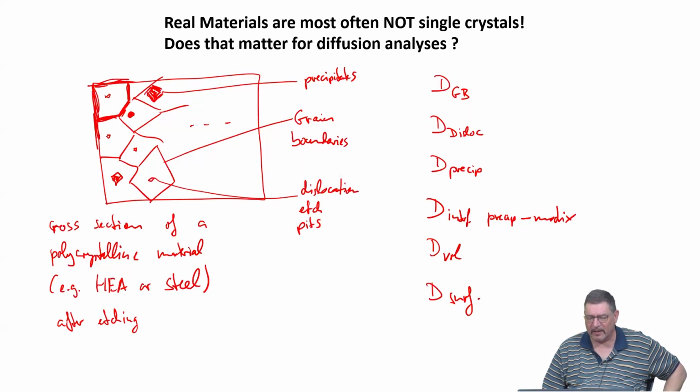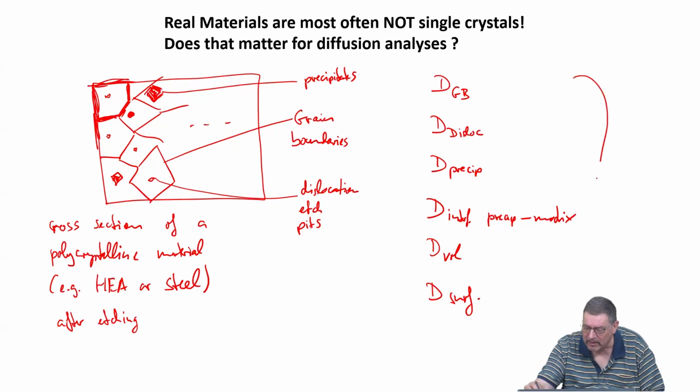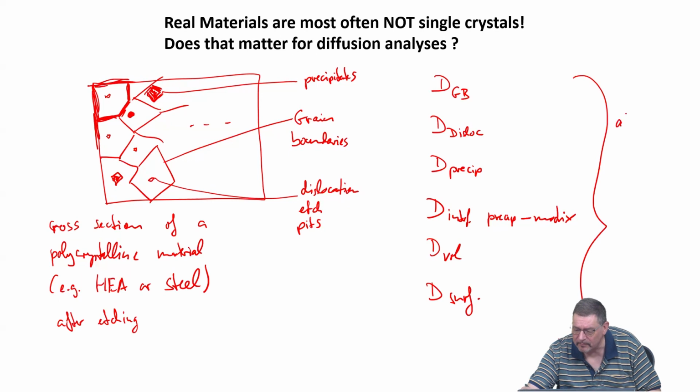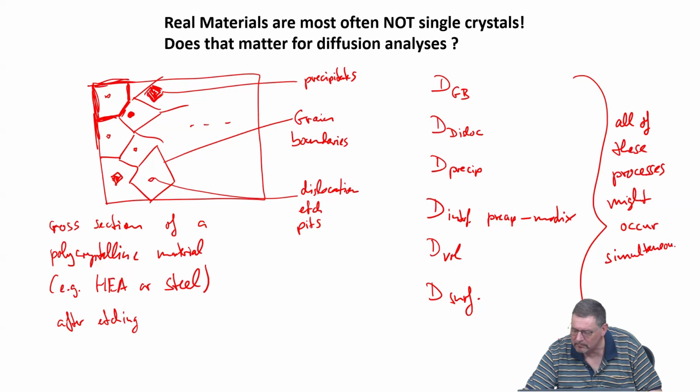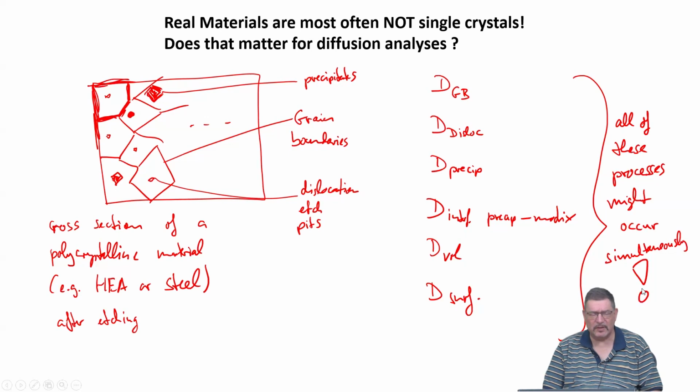And this is why we have to really do a lot of math in order to evaluate the diffusion profiles, because all of this might be occurring simultaneously. This makes it so interesting to do diffusion experiments.